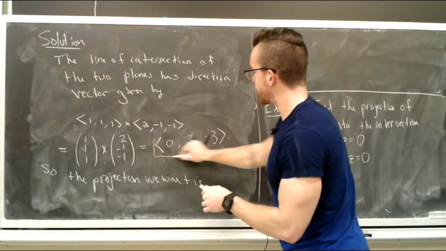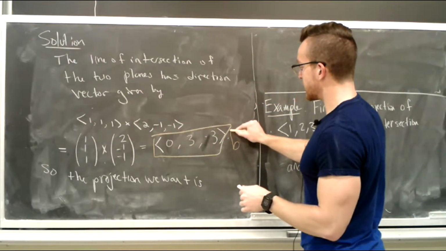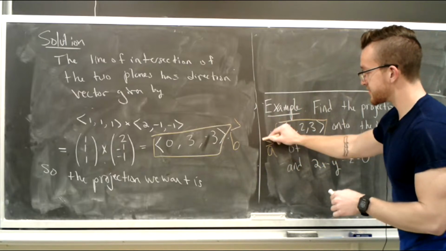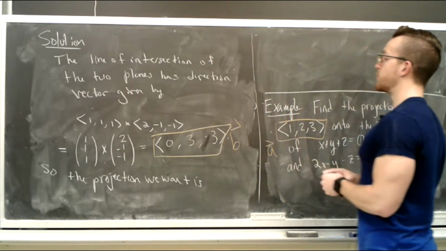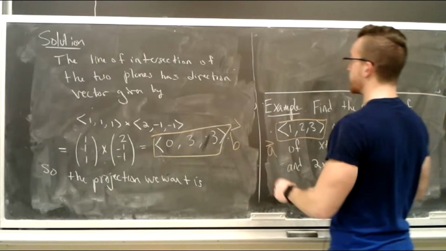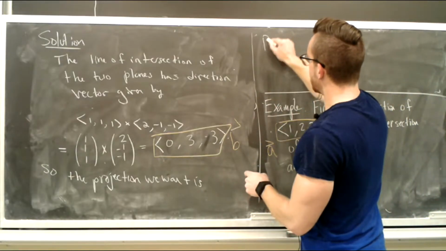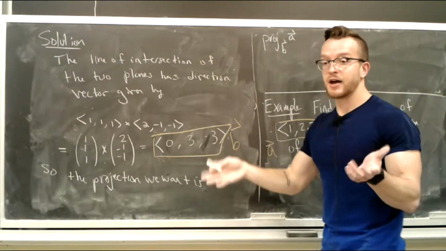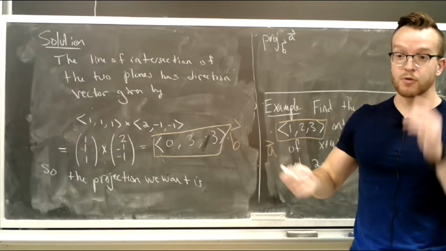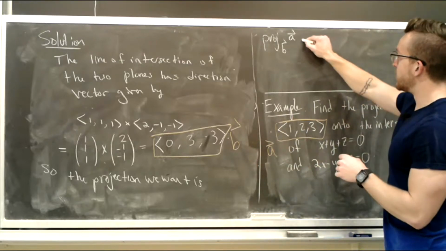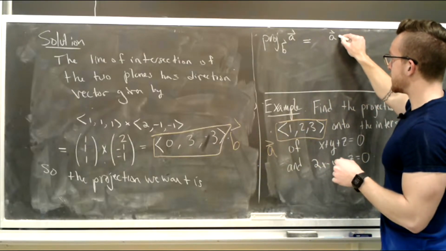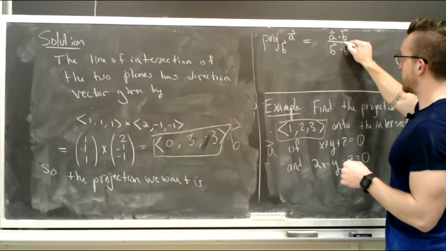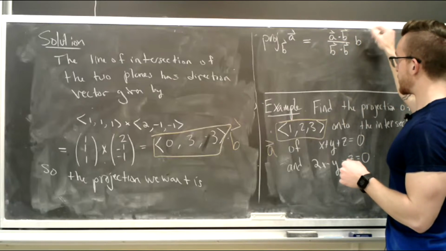Let me call this vector B. Let me call this vector A, just so I can write this a little more compactly. The thing that we now want is the projection of A onto B. And now we just have to remember, or look up in the book or whatever, how to compute a projection. If you forgot, it's A dot B over B dot B times B.